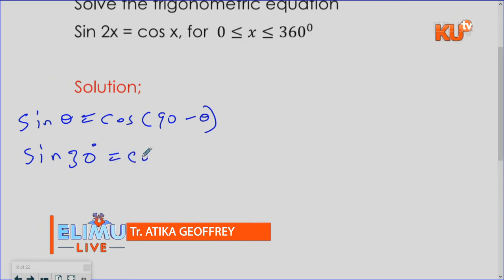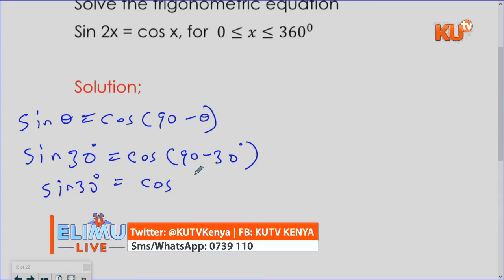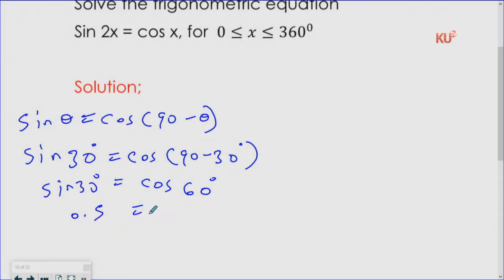This should be equal to cos 90 minus theta, and our theta here is 30. So sine 30 degrees is equal to cos of 90 minus 30, which is 60 degrees. Even if you use your calculator, sine 30 gives 0.5, and cos 60 degrees gives 0.5. That is what we did in Form 2.